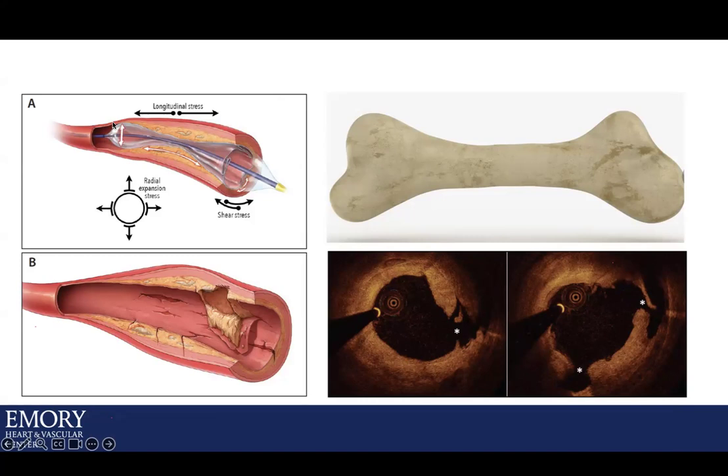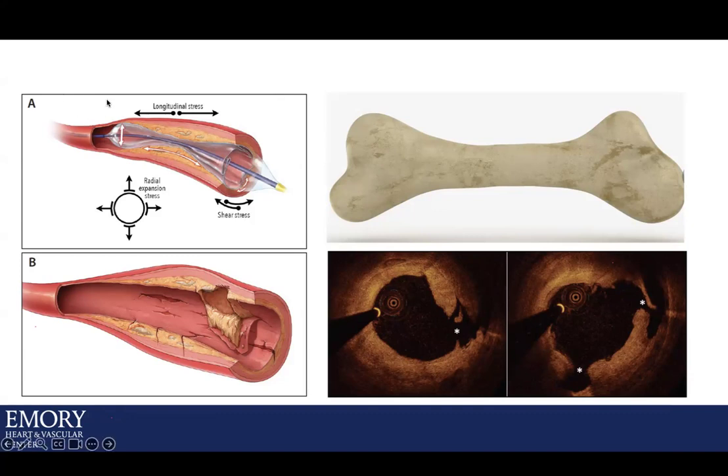You can imagine if you have a heavily calcified and fibrotic lesion here, and you inflate the balloon, especially if it's a longer balloon, the distal part of the balloon and the proximal part of the balloon will inflate faster than the central part of the balloon.